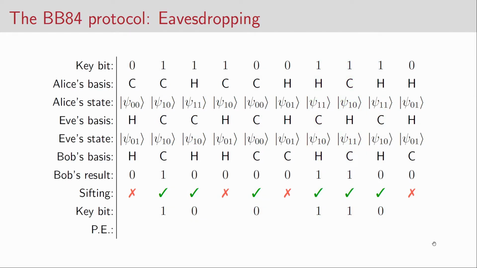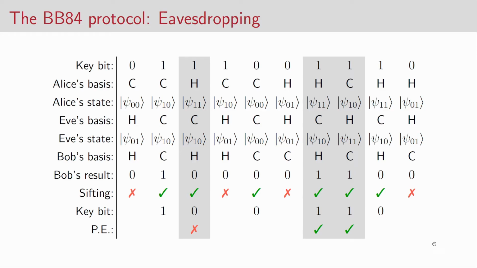So in the next step, which is already part of the classical post-processing, the parameter estimation step, Alice and Bob now have to get an estimate for how many errors Eve has introduced. And here, let's say they use half of the sifted key bits to do the parameter estimation, for example, these 3 bits, and they compare the key bits. You can see the first one is wrong, but the other 2 are correct bits.